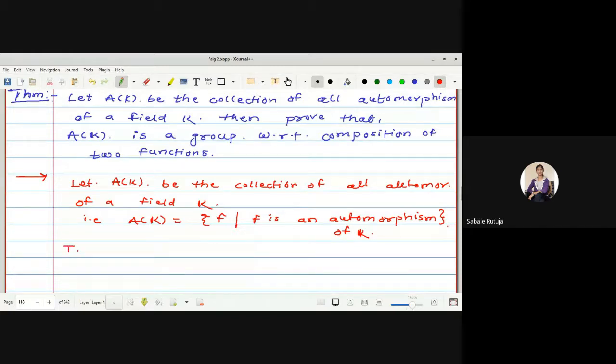Okay, now to prove that A of K is a group with respect to composite mapping as the operation.